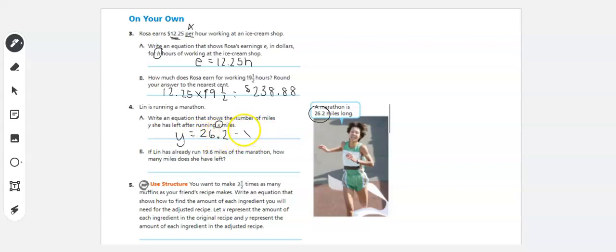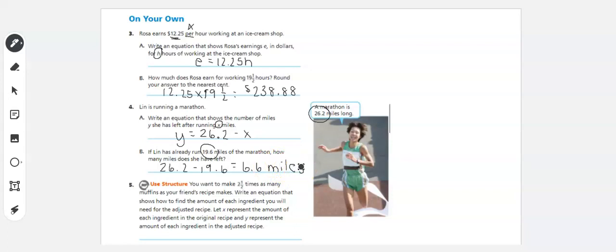We're going to subtract by X. And then this next problem, we're going to take this equation and we're going to plug in 19.6. So 26.2 minus 19.6. She only has 6.6 miles, look at that abbreviation, left.